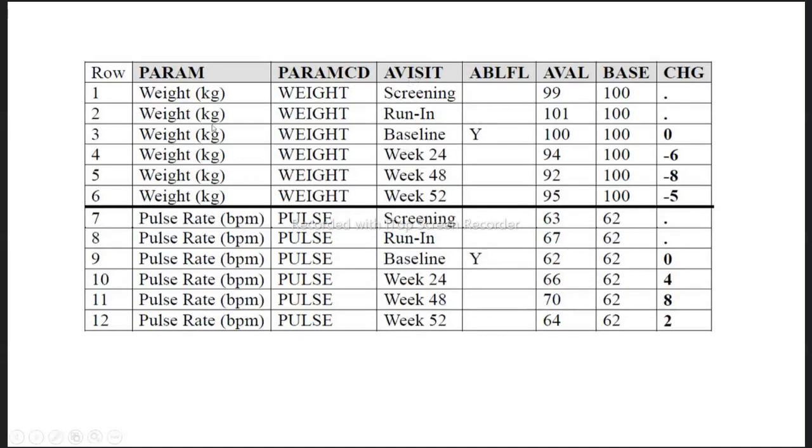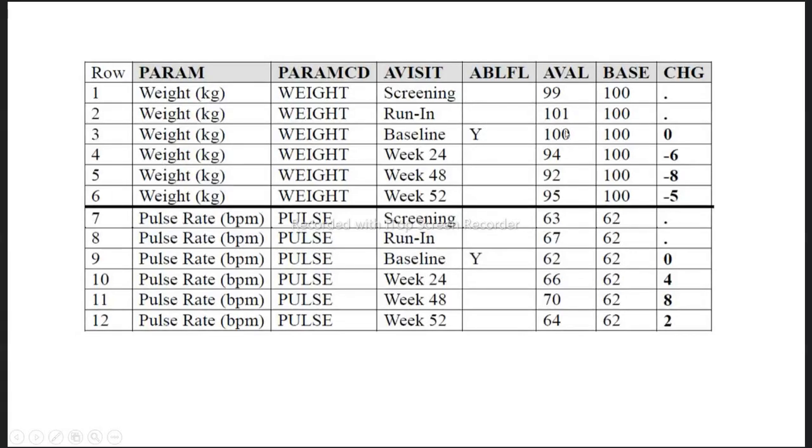Now, can you see this subject has 6 records for weight in kilograms. Out of 6 records, which record has the baseline value, BLFL equal to Y? The third record, right? Why is BLFL equal to Y there? Because it is the baseline record. Now, when we have baseline, BLFL equal to Y, what is the eval value that we have?